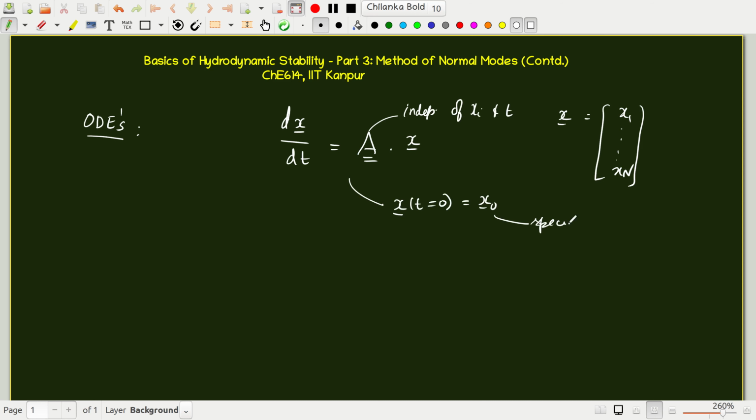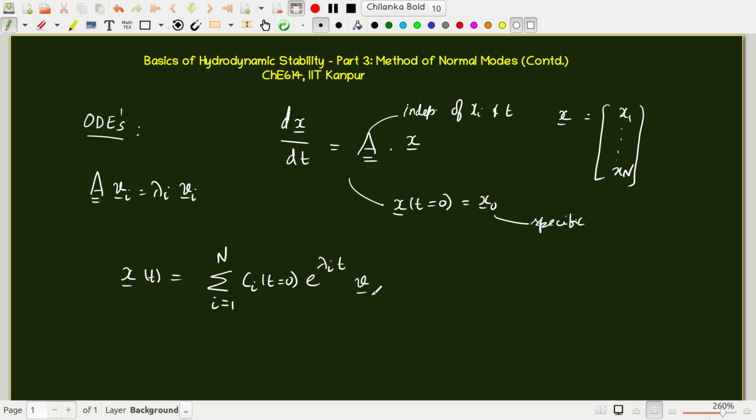For a specific initial condition, we can solve it numerically, or using the method of eigenfunction expansions, wherein if I know the eigenvalues and eigenvectors of the matrix A, the linear operator A, then I can expand x of t as the sum from i equal to 1 to n of ci at time t equal to 0, times e to the lambda i t, times vi, where ci are the expansion coefficients of the initial condition x naught, which is known or prescribed to us, x naught equal to the sum over i of ci at time t equal to 0 times vi.